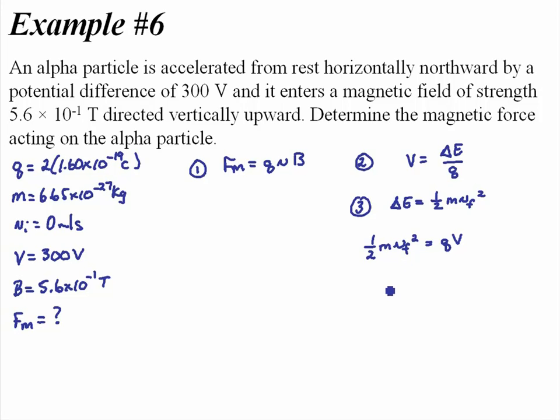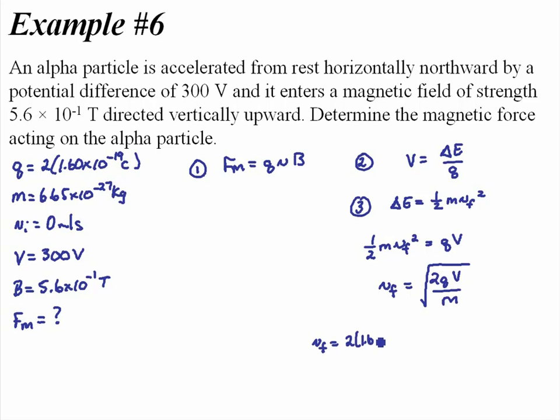So times by 2, divide by m. VF will be 2QV divided by mass. Take the square root. We have the charge. We have the potential difference it's been accelerated through. We have the mass of the alpha particle. Put the numbers in.